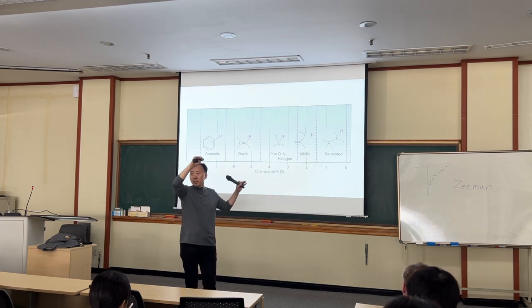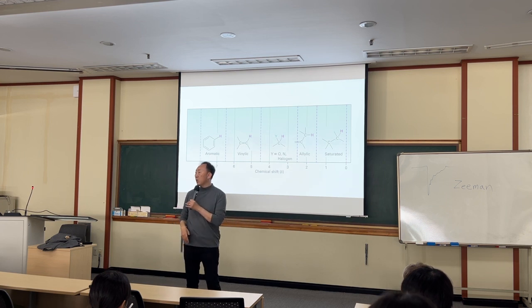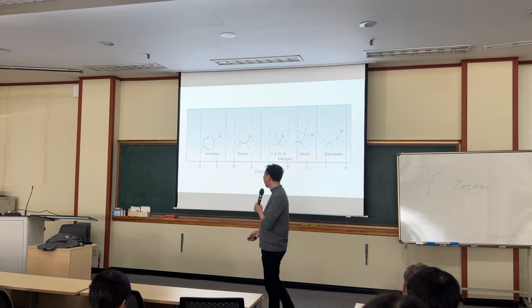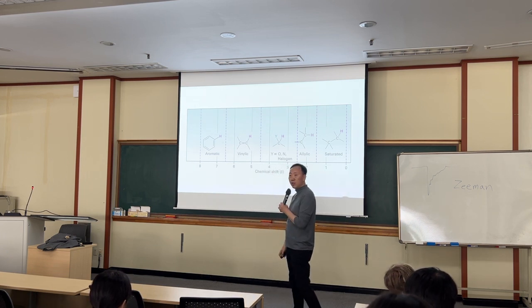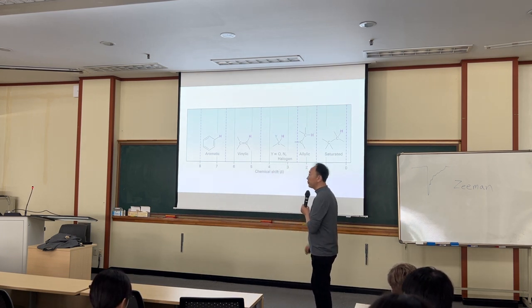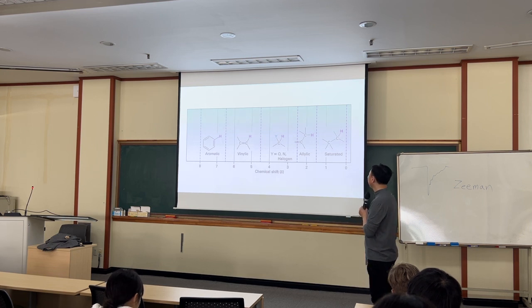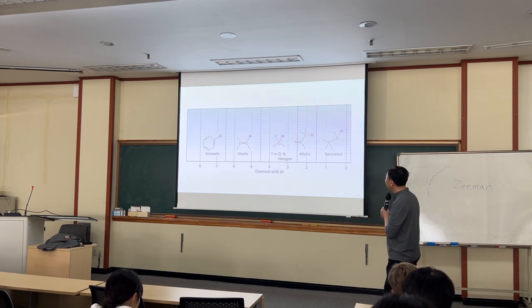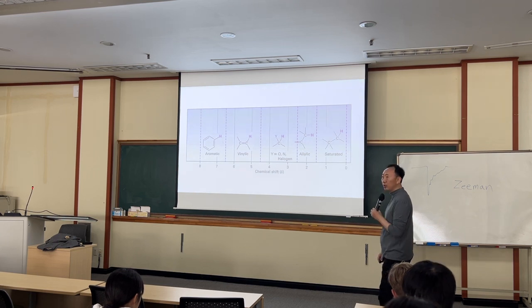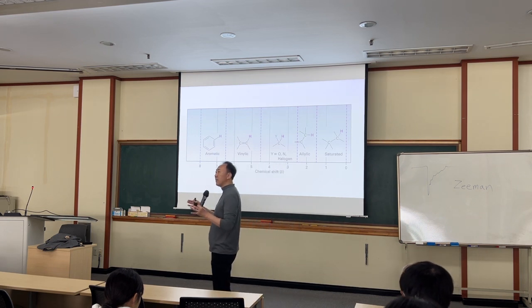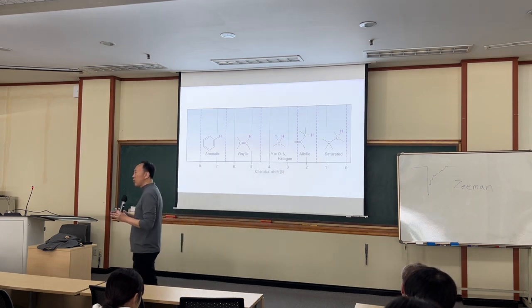So this ring current makes a very strong local magnetic field, and that's the explanation of why the aromatic ring is quite deshielded, about 7. A double bond has a half effect like that, so this is 5 or 6. And next to a carbonyl, or allylic or benzylic position, is about 2. So this is the general chemical shift.